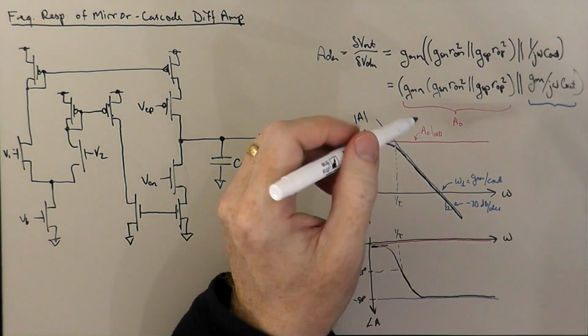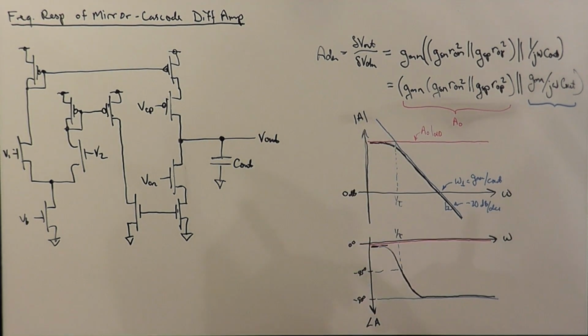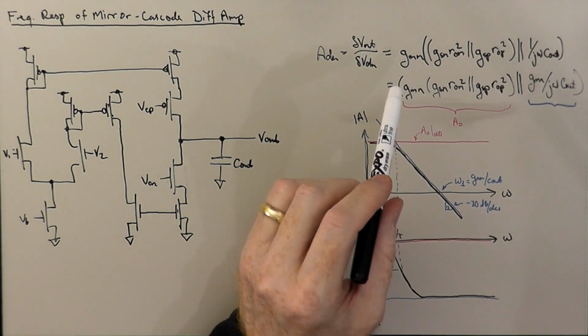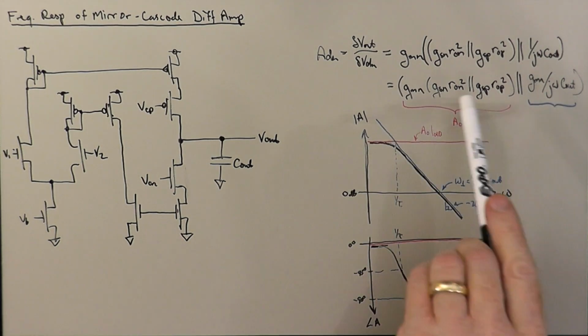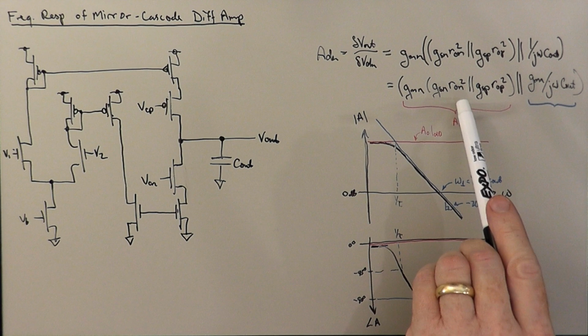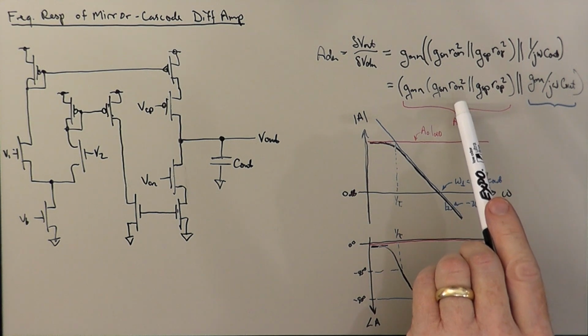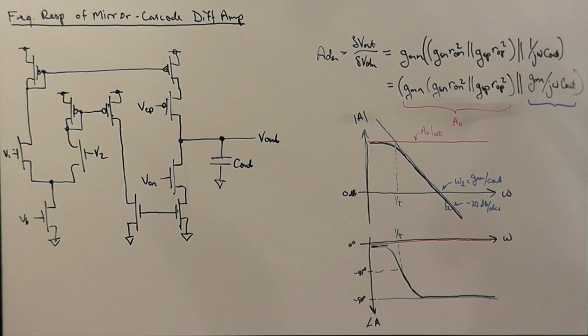And notice we can actually solve for the frequency that makes the magnitude of these two components equal to each other. Okay?